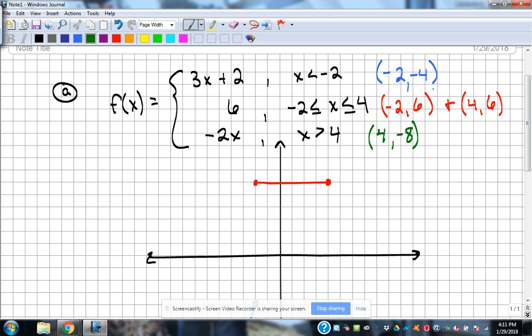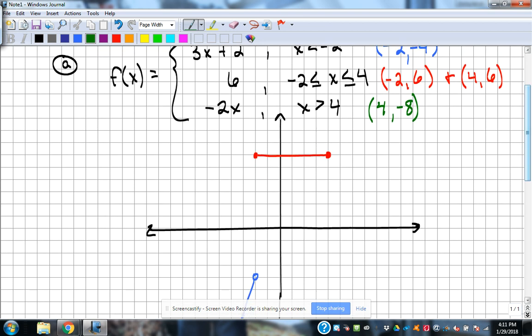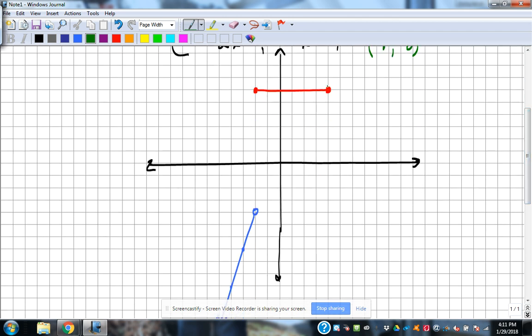So that important point is at 4, negative 8. Is that an open circle or a filled-in dot at that point? Open, because it doesn't have an equal to mark. So we're going to put that point at 4, negative 8. And we know that's what kind of line or what kind of graph.